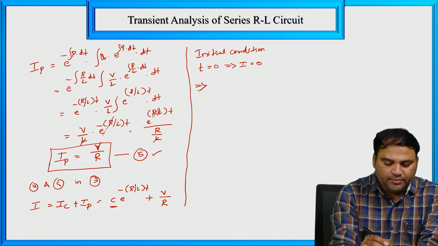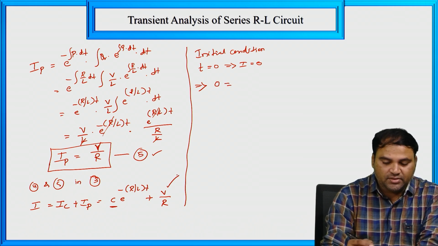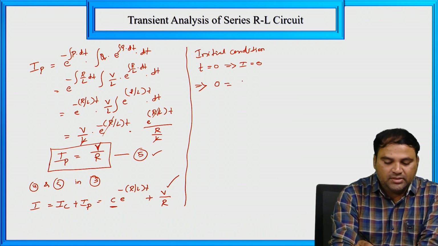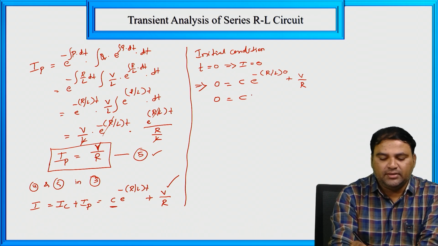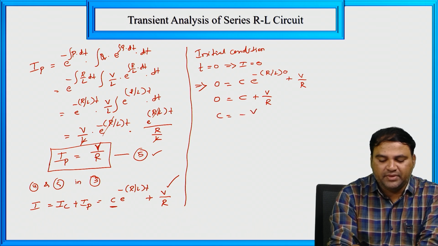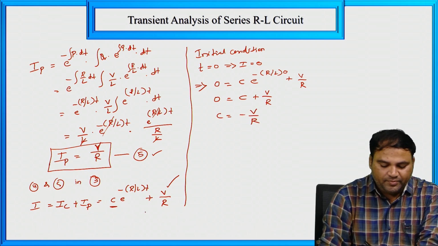So I value 0 equals C into e to the power of minus R by L into 0, plus V by R. So 0 equals, e to the power of 0 is 1, so C into 1 is C plus V by R, or C equal to minus V divided by R. So this is equation number 6.